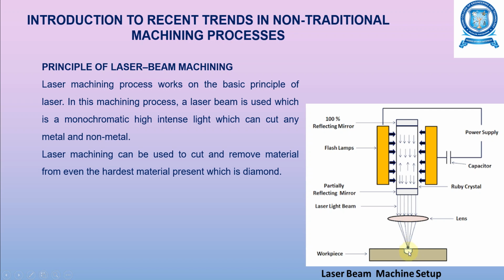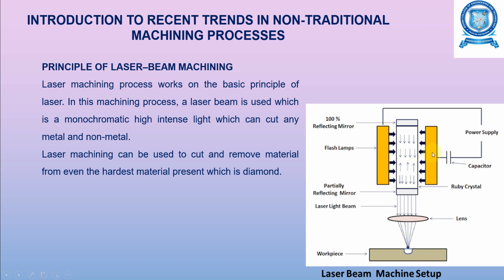Here laser machining can be used to cut and remove material from even the hardest material present, which is diamond. Here is a laser beam machine setup where you can see the flash lamps, and you have a ruby crystal inside the flash lamp, and you have the reflecting mirror on the top of the ruby crystal, and a partially reflecting mirror at the bottom of the ruby crystal, and a lens which focuses the laser beam onto the workpiece.